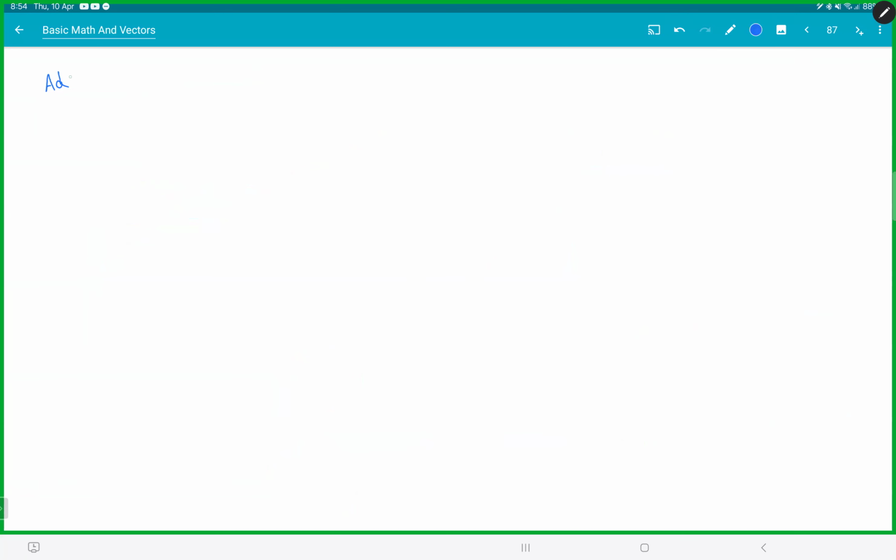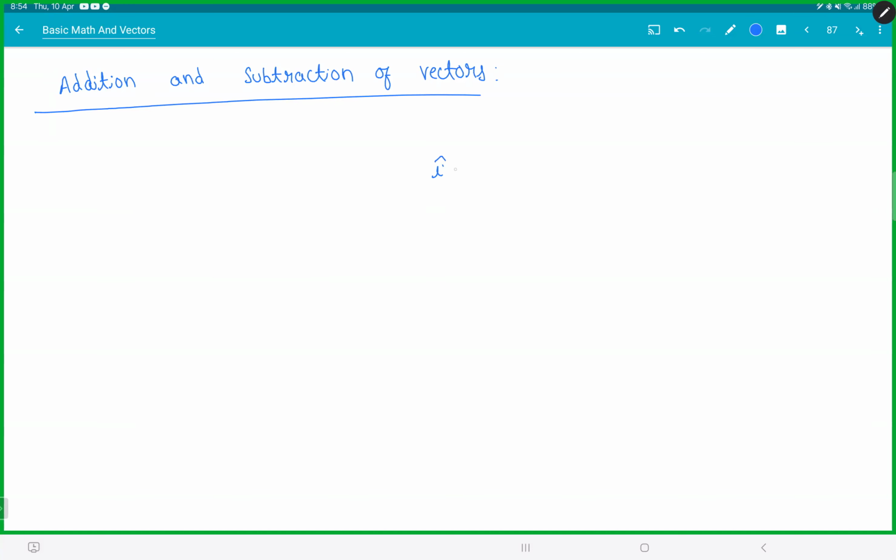Next thing, addition and subtraction of vectors. So how to add or subtract two vectors? Right. So the thing is simple. See, what is i plus j?